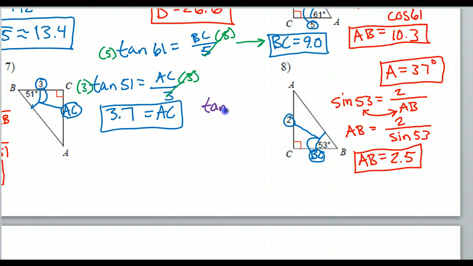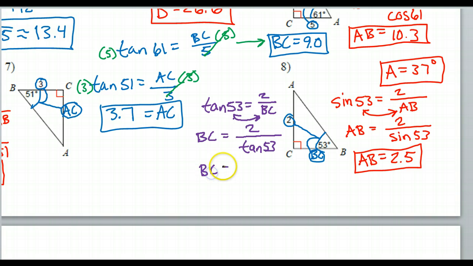So the tangent of 53 should equal opposite over adjacent. We will do the reversal, so that's going to give us that BC is equal to 2 over tangent 53. So BC is equal to 1.5.